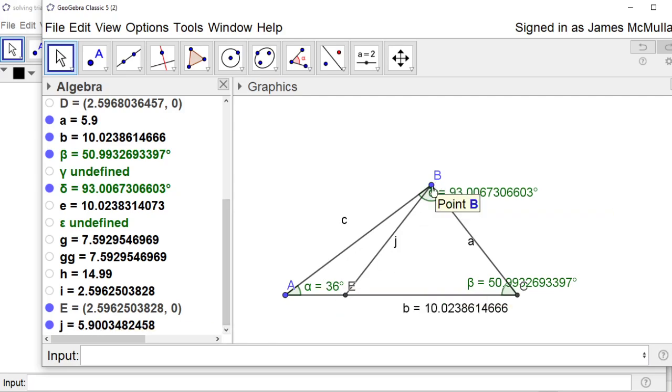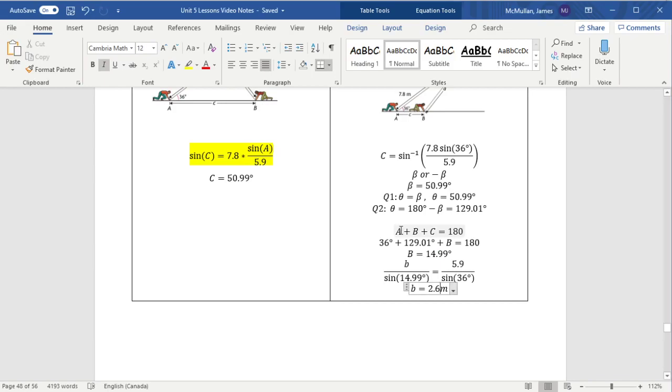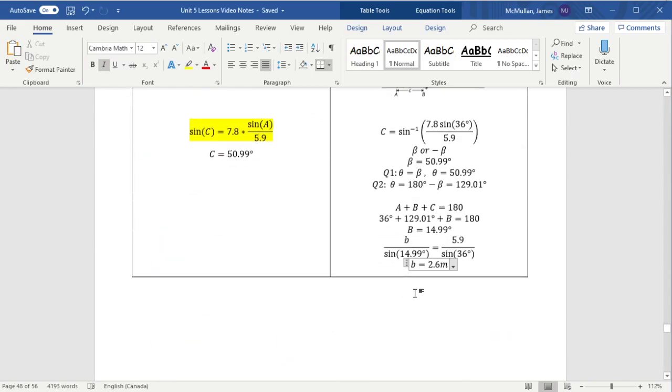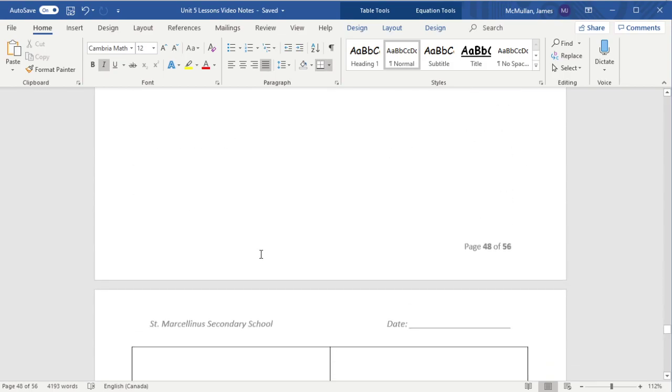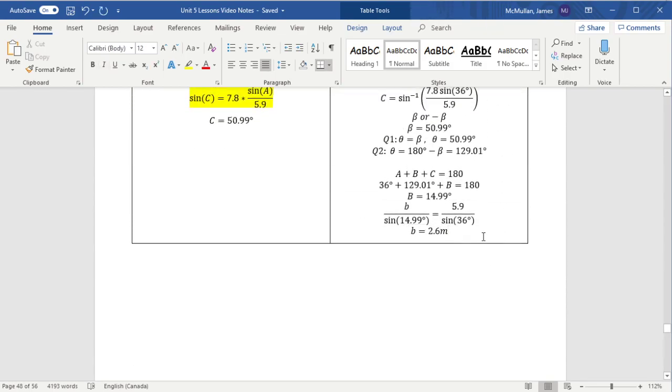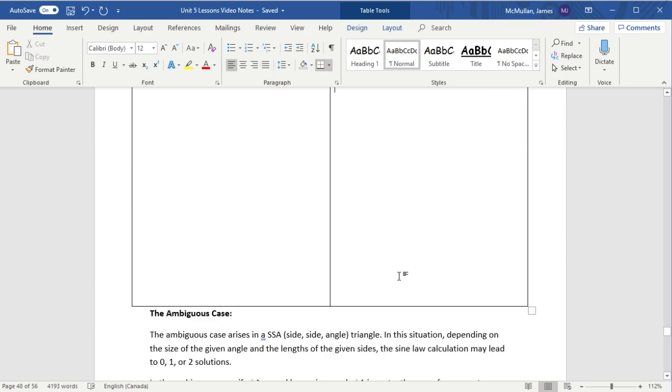So there's no reason that she couldn't be standing here instead of standing there. Based on the information in the question, it's not possible to know, and this is why we call this the ambiguous case. Ambiguous means you can't tell. It's unclear how to tell. So let's make some room here and read what it says about the ambiguous case.